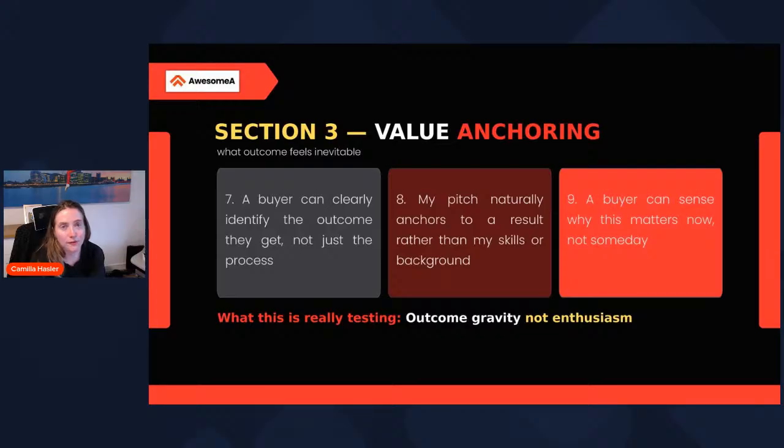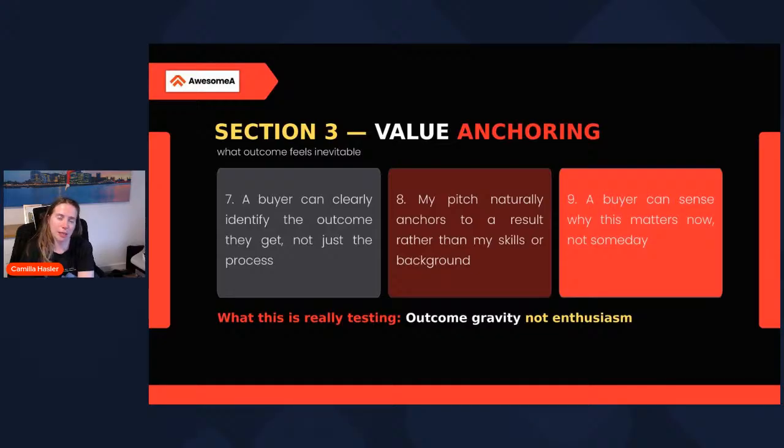And this is something called value anchoring, and it's super important. So in this, what is this really testing? It's the outcome gravity. So not the enthusiasm, but the outcome. So number 8, my pitch naturally anchors to a result rather than my skills or background.